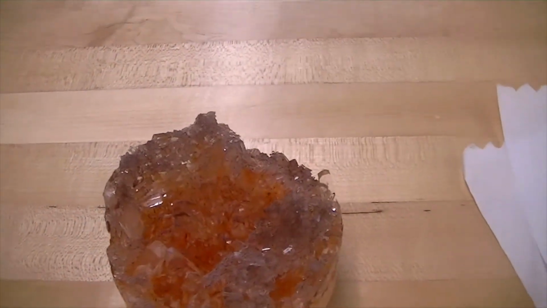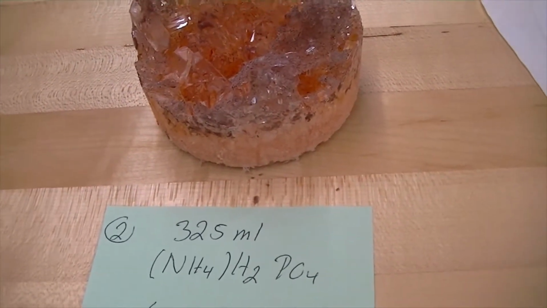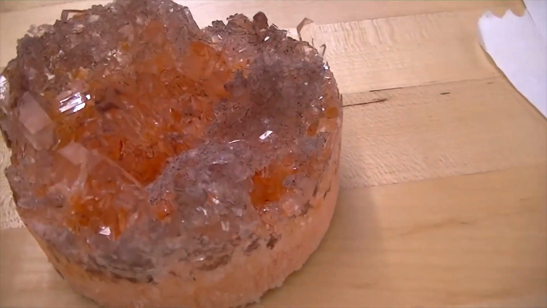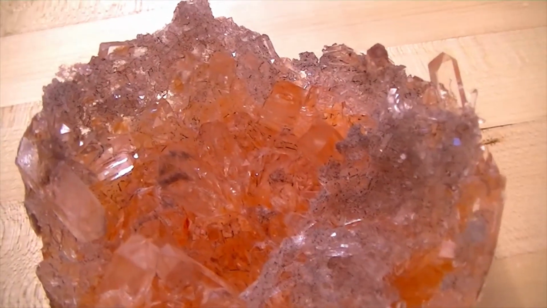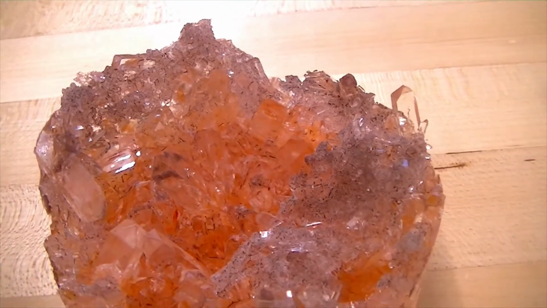The second one, kind of a light red pinkish. This is 325 milliliters, so this is 25 milliliters more than number 1. And these are the crystals that developed.